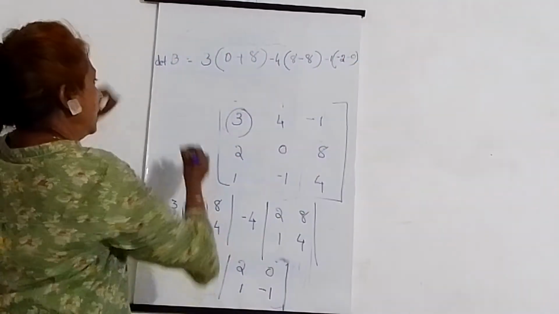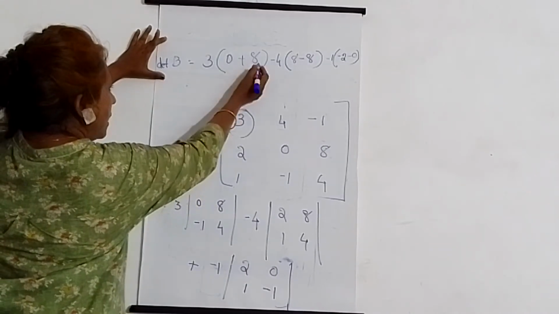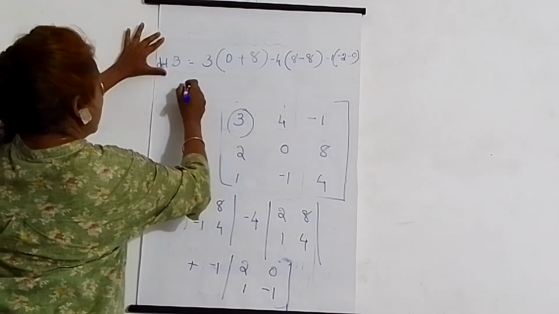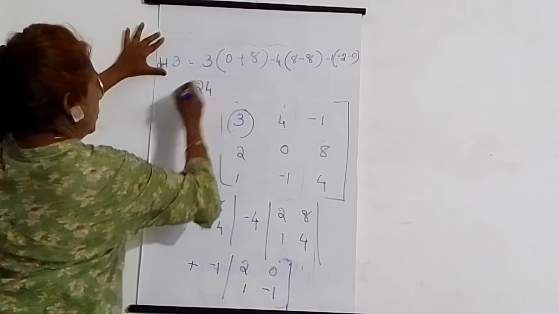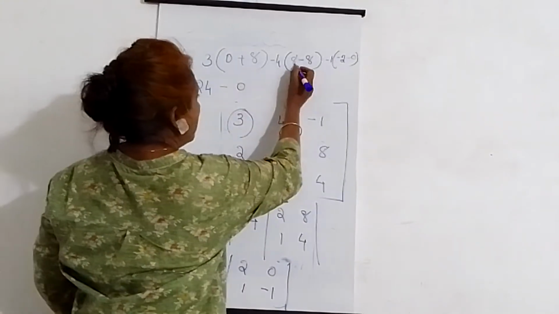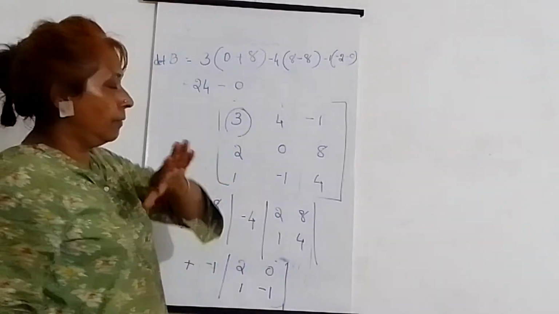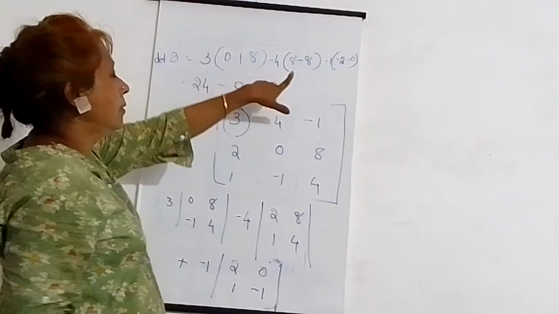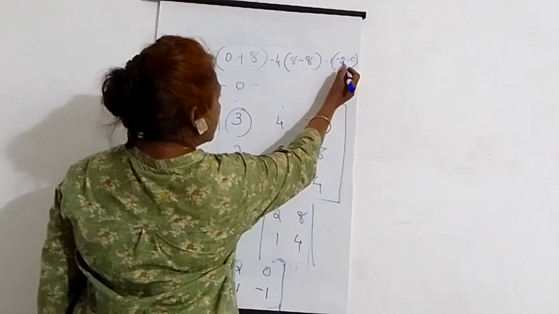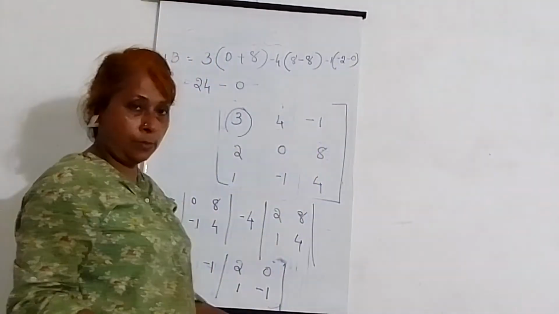What will be the value? We can see that 0 times 0 plus 8 is 8 itself. So 3 times 8, what is this value? It is 24. Then here we know that minus 4 into 0 is 0 itself. 8 minus 8 is 0, so we can consider it 0. 4 times 0 is 0 itself. Then negative 1 into this negative 2 minus 0 is negative 2 itself.